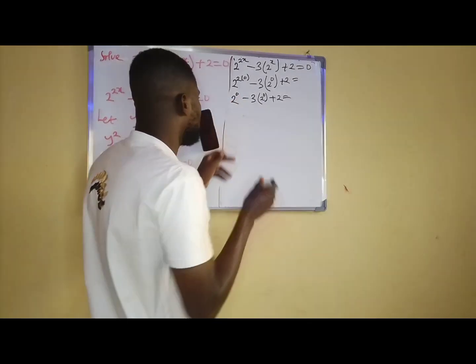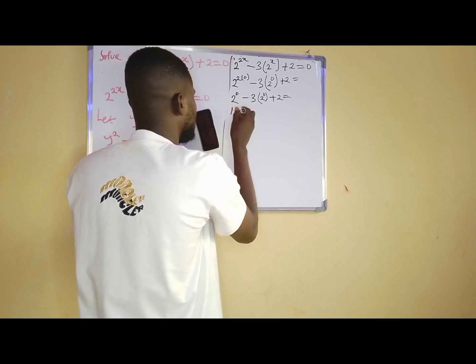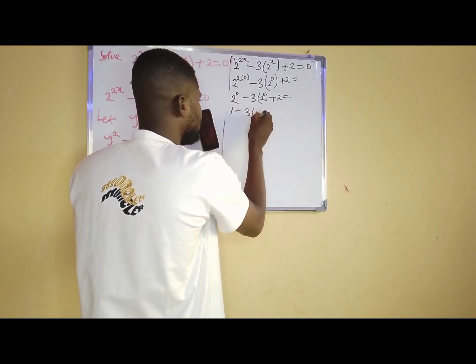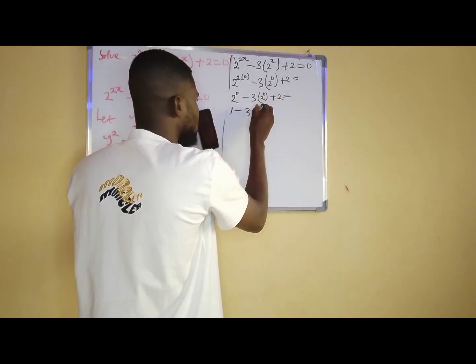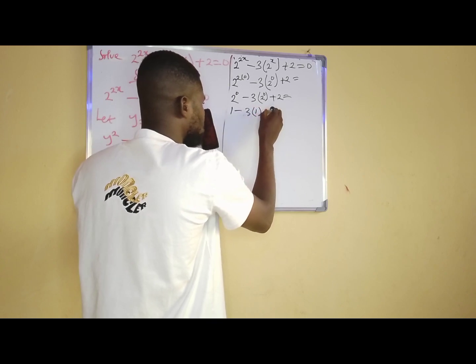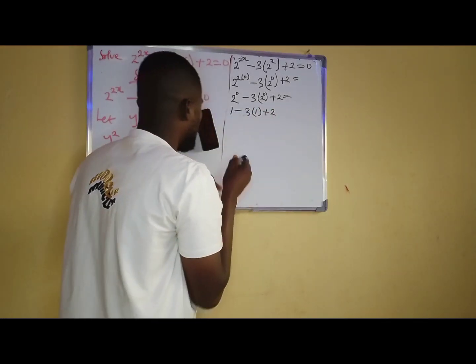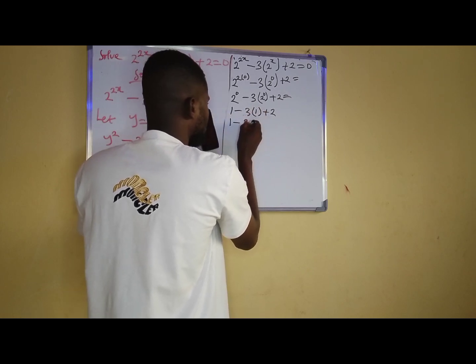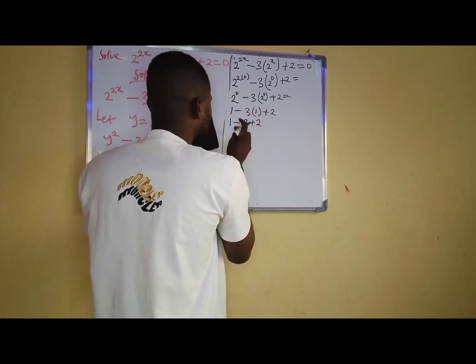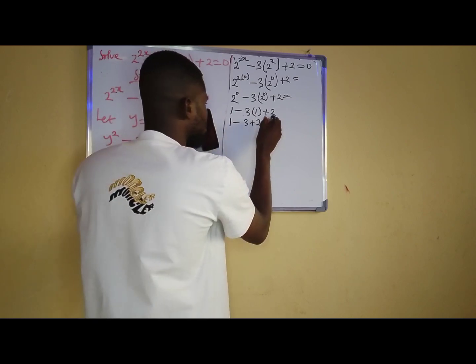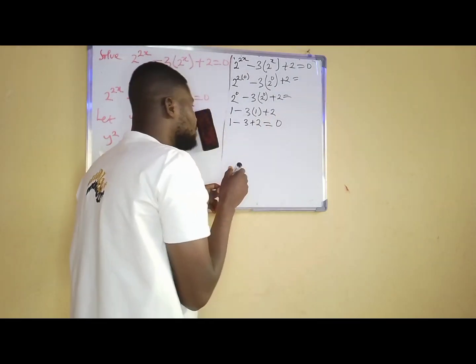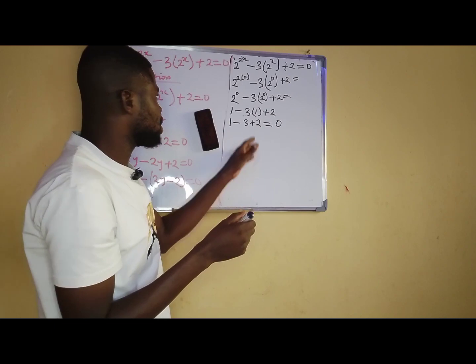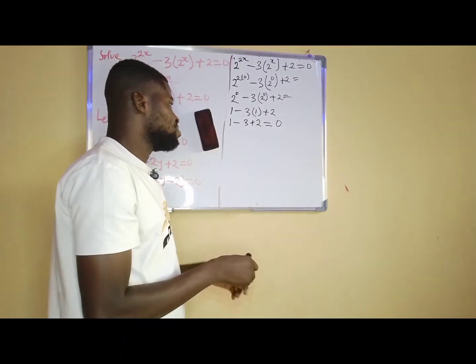Now, 2 raised to power 0 is equal to 1, minus 3 in bracket 2 raised to power 0 is 1, plus 2. Now, 1 minus 3 multiplied by 1 is equal to 3, plus 2. 1 minus 3 plus 2 is equal to 0. If you still use x equal to 1, the answer will still be the same thing.